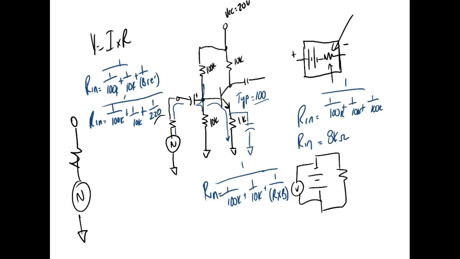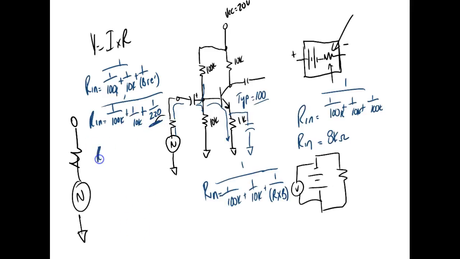So that would be 100 times 10 to the third reciprocal plus 10 times 10 to the third reciprocal plus 220, or around there, reciprocal equals reciprocal. So now my input resistance dropped down. This is setting the input resistance now.